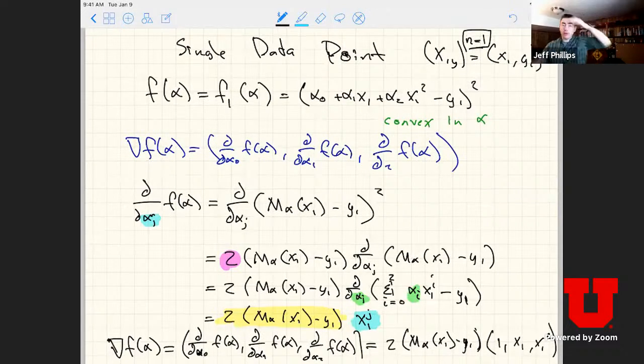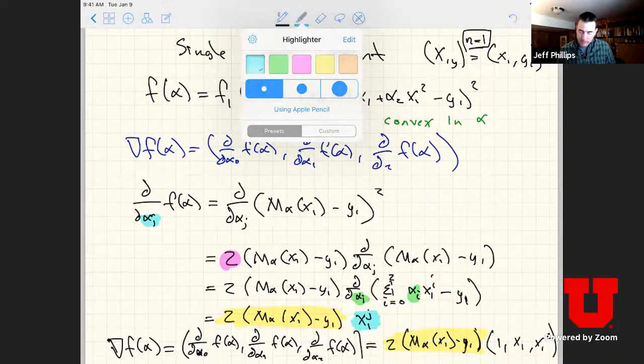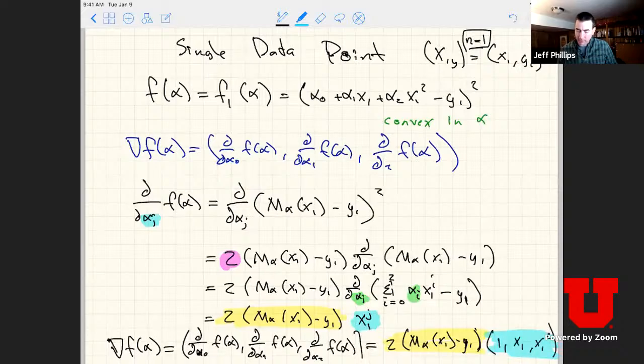For any polynomial regression formulation, it's always going to take this form: 2 times the residual, multiplied by a vector. The yellow term is a scalar, and the blue term is a vector of the coordinate values at that spot. The derivative tells me, depending on the sign of the yellow part, which could be negative or positive, that I'm either moving towards that data point or moving away from it with my model.